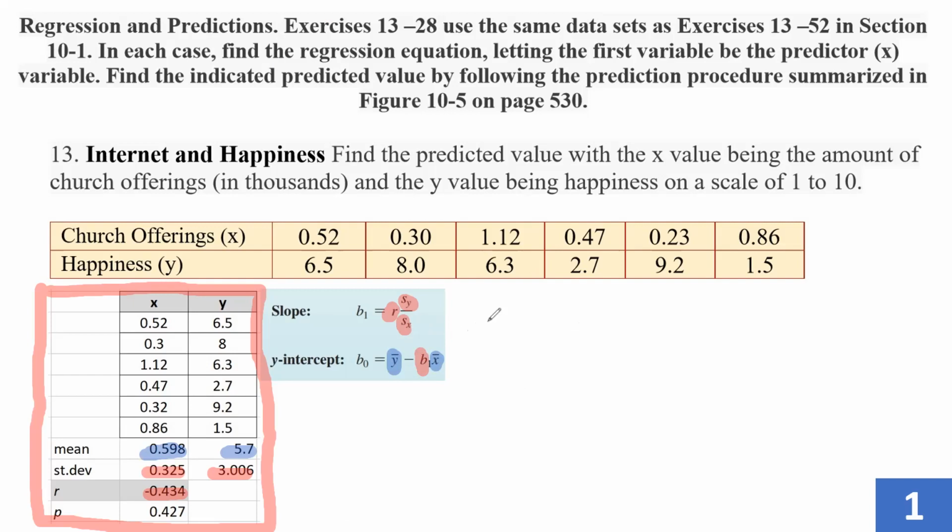But one way to do it is to take R. R, according to this, is negative 0.434 over 5.7 divided by 0.598. That's b sub 1.